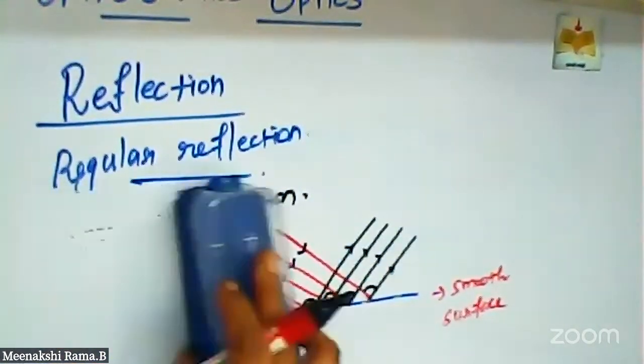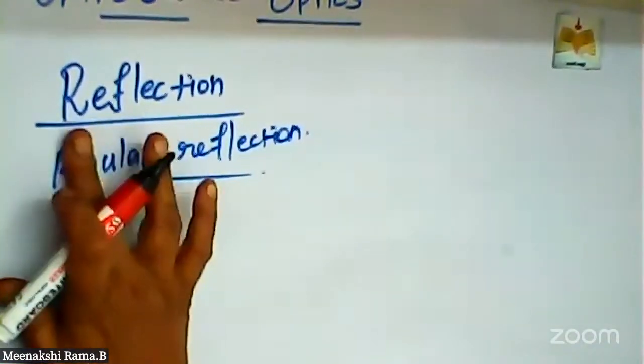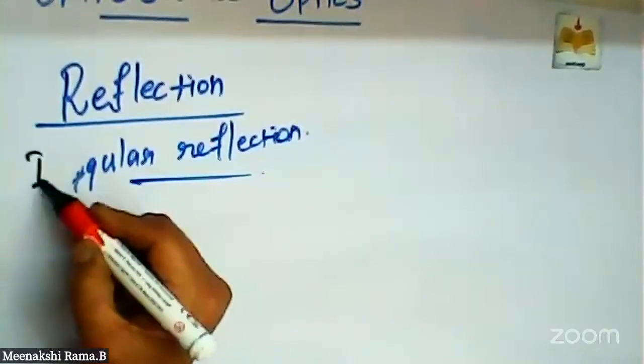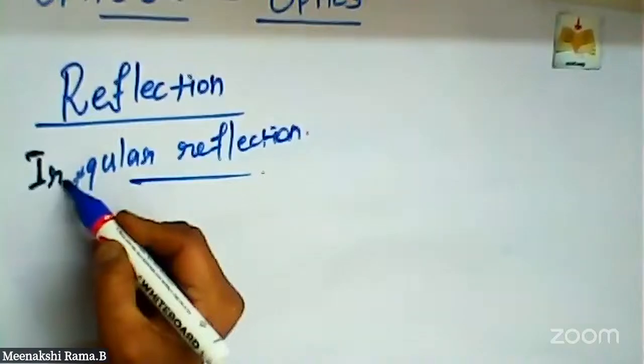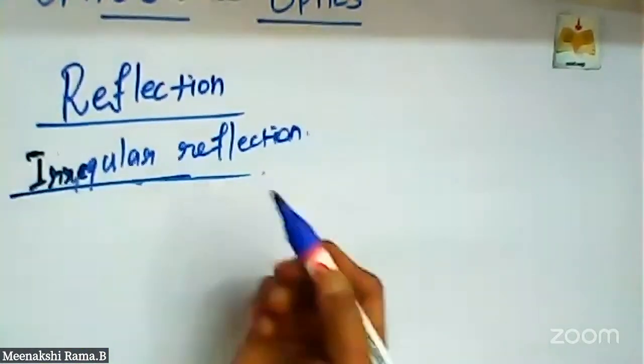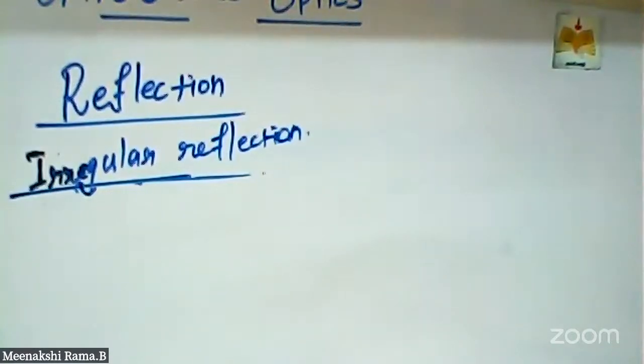And the next one is irregular reflection. What is irregular reflection? Irregular reflection means the body has a rough or irregular surface.